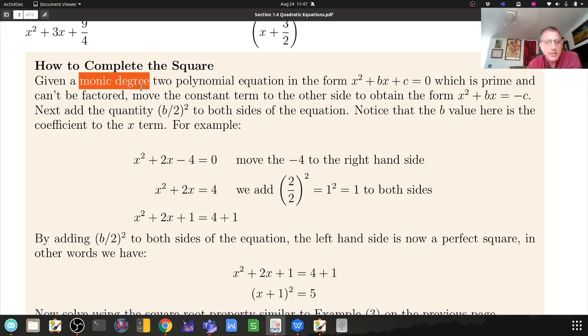Monic is just another word that tells you that the leading coefficient on the degree 2 term is 1. So you don't have 2 here or 3 or anything else, you just have a lone x squared. That makes a polynomial monic. Its highest degree term has no coefficient other than 1.